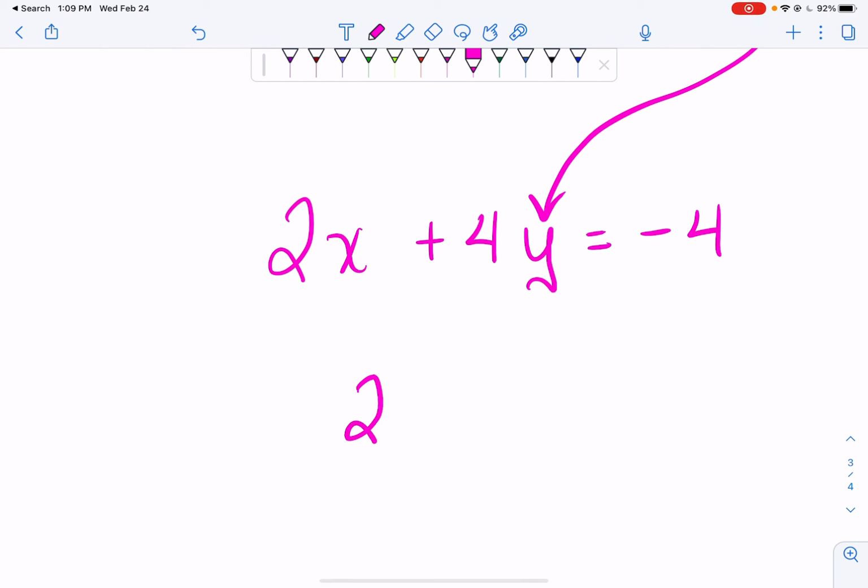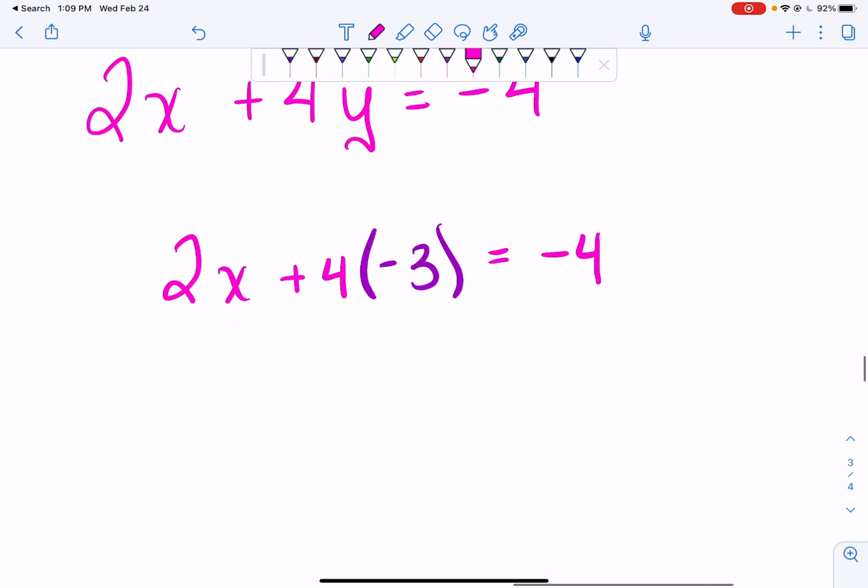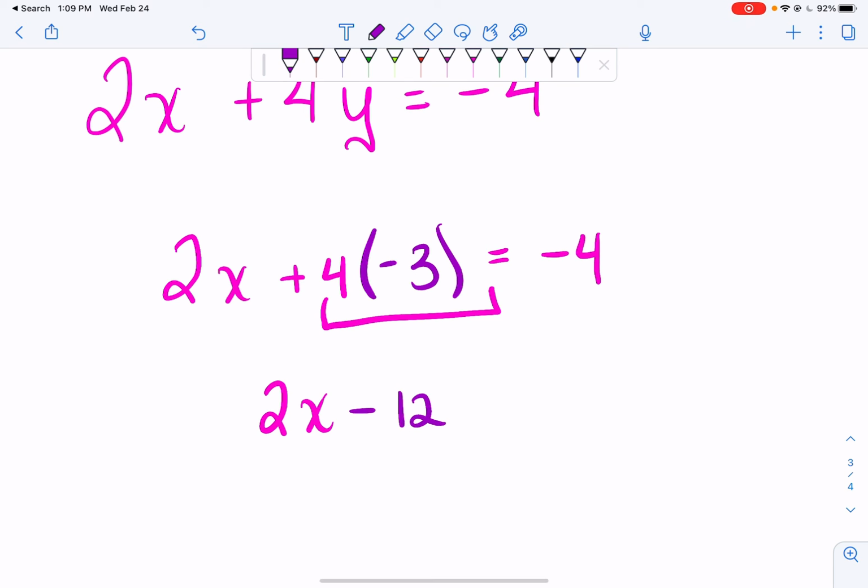So I have 2x plus 4 times negative 3 equals negative 4. I have to ask myself what 4 times negative 3 is. Well, I have 2x. 4 times negative 3 is a minus 12. And that's equal to negative 4.